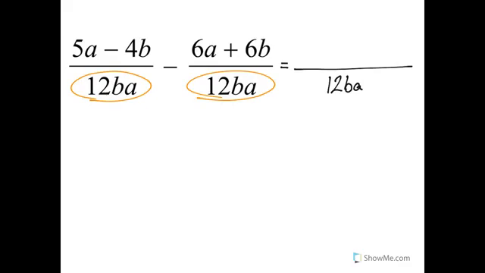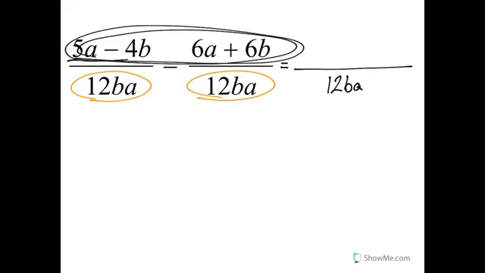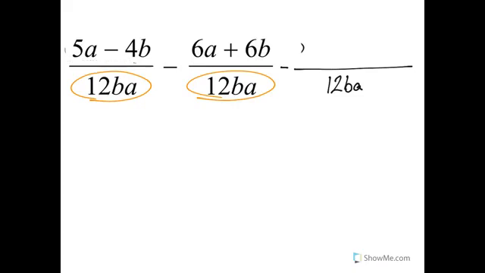Now in the numerator, we can shove all of this together now because they have a common denominator. We're going to do a lot of subtraction today, because if you can do subtraction, you can do addition. And like I just showed there, if I try to circle these and put them together, I missed a very important part, and that is the fact that this is subtraction.